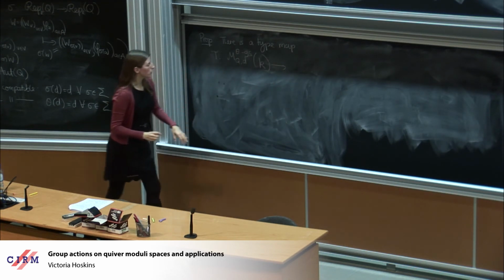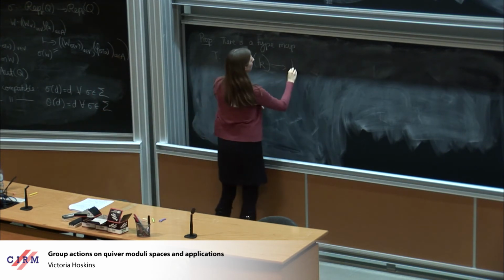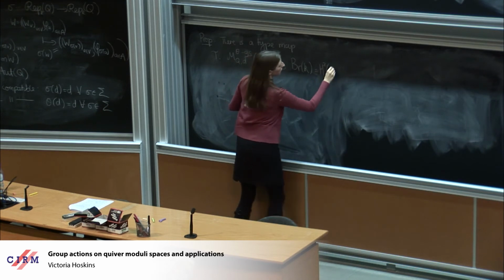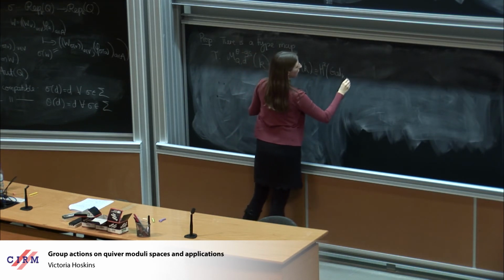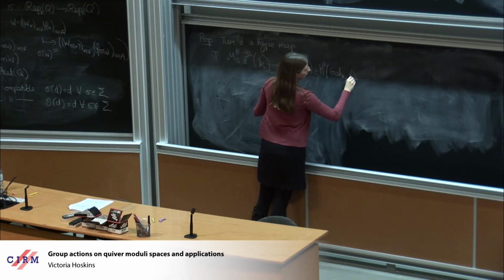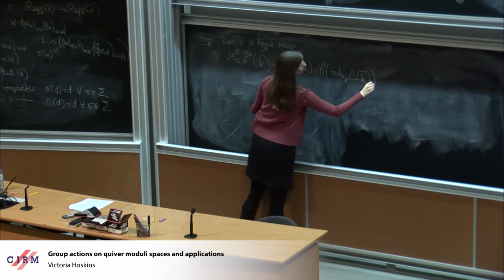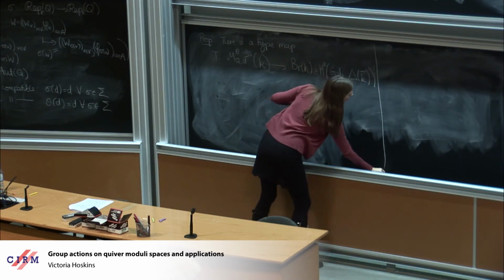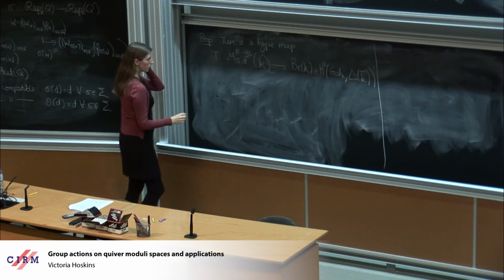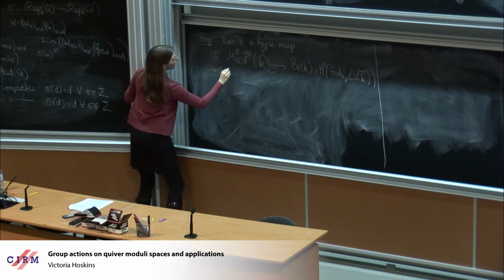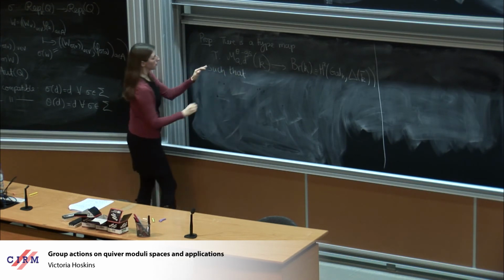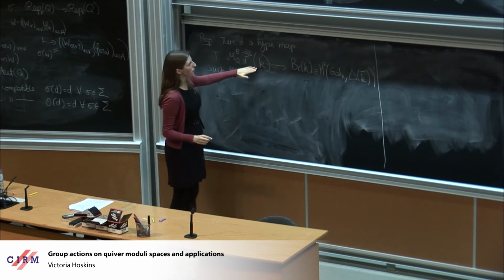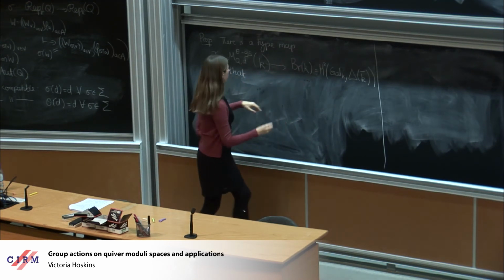And it goes to the Brauer group of K. And the fiber over the trivial class in the Brauer group is precisely the image of this F Galois.